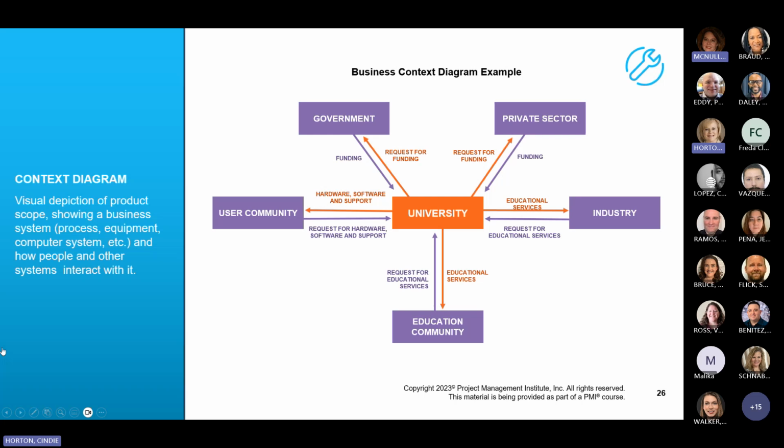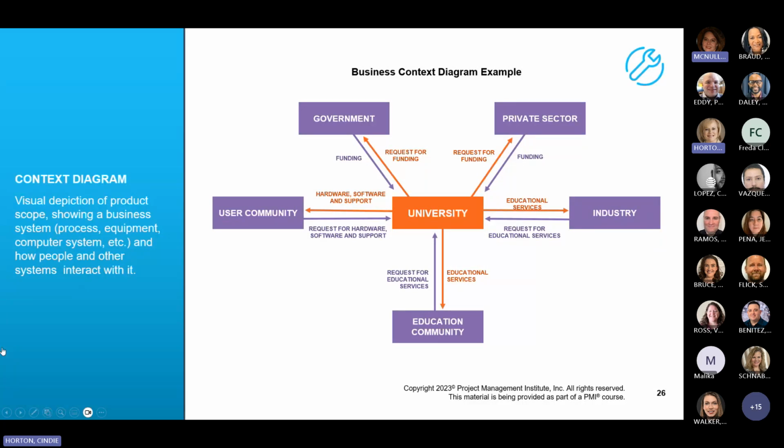The main purpose of a context diagram is to visualize the boundaries and interfaces of the project or product with the business system. In this diagram, we can see what is in scope and what is out of scope for the project. The center box, or the circle, represents the boundaries of the scope with external business units, organizations, or other groups that will provide information to the project, as well as receive information from the system.